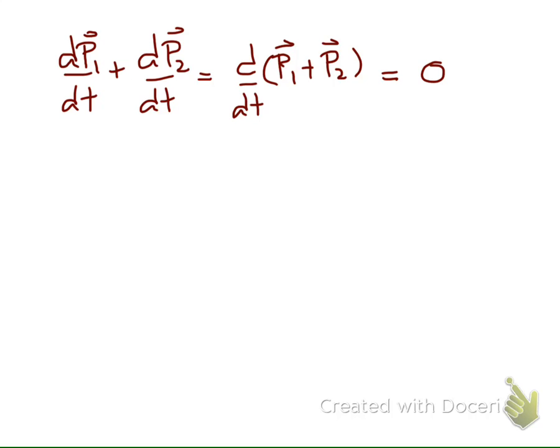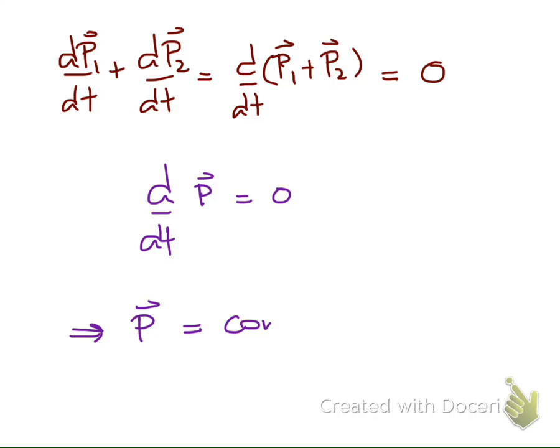It means that the rate of change of the total momentum of the system, that is d by dt of P, is equal to 0. This P is the total momentum of the system, which equals P1 plus P2. If the rate of change of the momentum is 0, it means that the total momentum P is a constant.